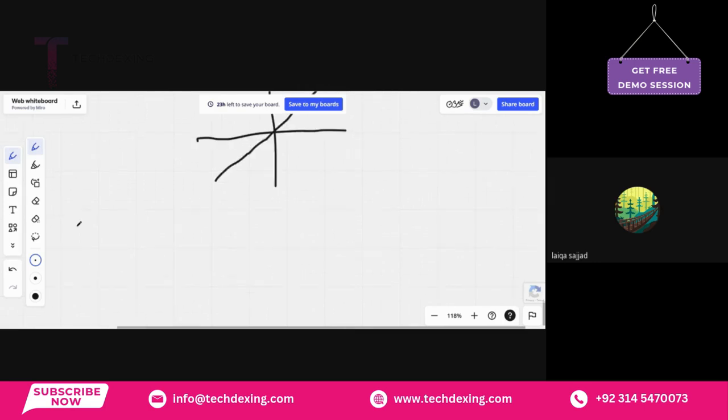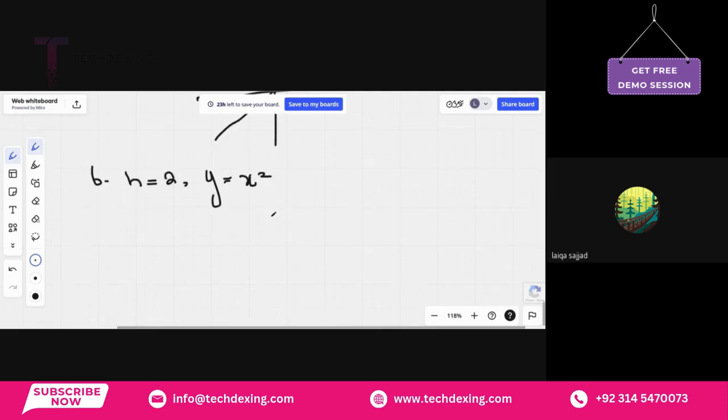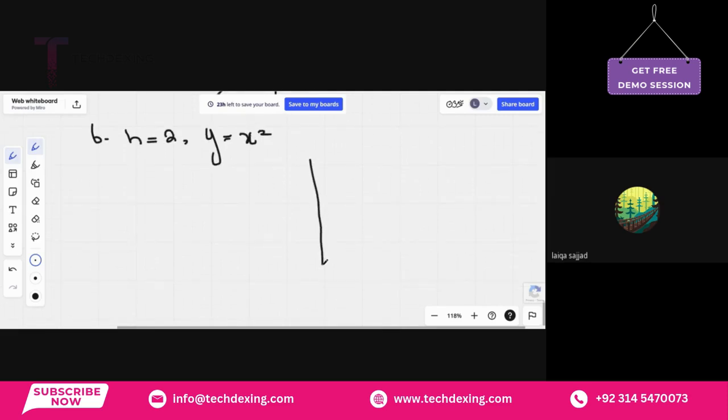Then if I have the value of n as 2, the equation would be y equals x squared. What type of graph do we see when we have a power of 2 on the variable?